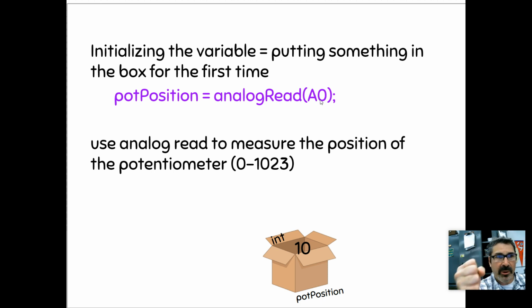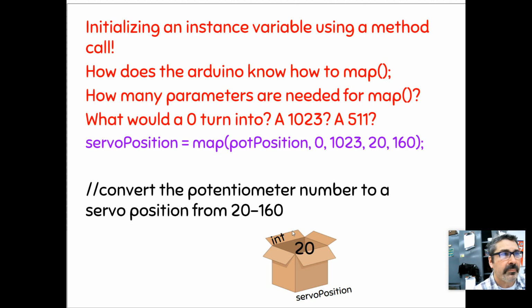So we get it. What do we do with it? Well, then we're going to throw it in here to the equals. We're going to throw it into the box. So it's going to read whatever is in there and throw it in the box. So in this case, I said it read 10. So we just turned it a little bit. Okay. Hopefully that makes sense. So in this case, we're initializing an instance variable using a method call.